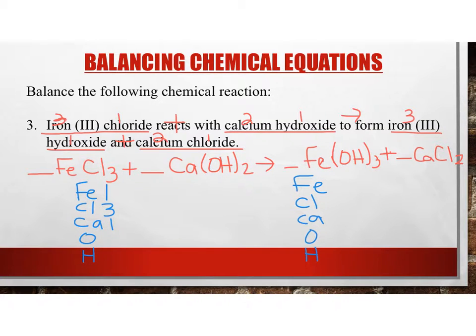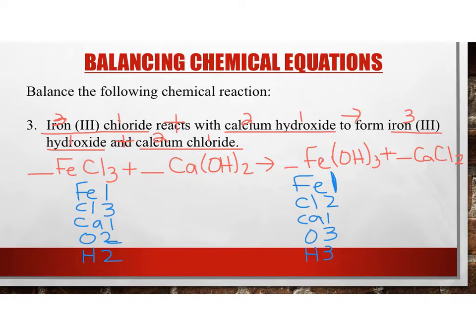Because my subscript is outside of the brackets, it affects both elements inside the brackets. So I have 2 and 2. And then on the right, I have 1, 2, 1. And then again, that subscript being outside the brackets gives me 3 and 3. All right, I'm ready to balance.